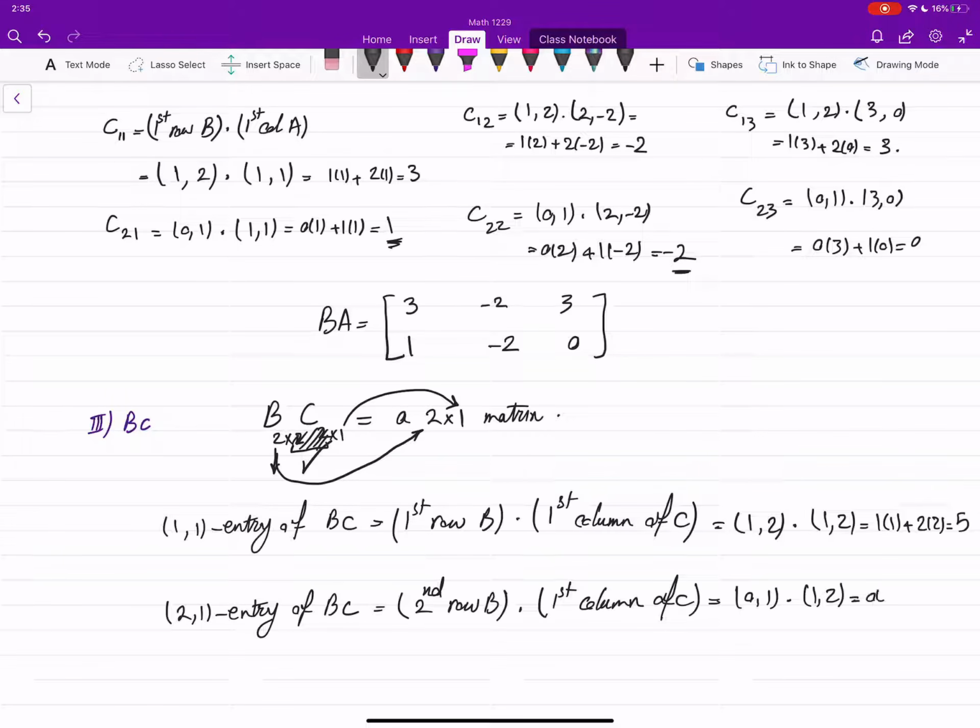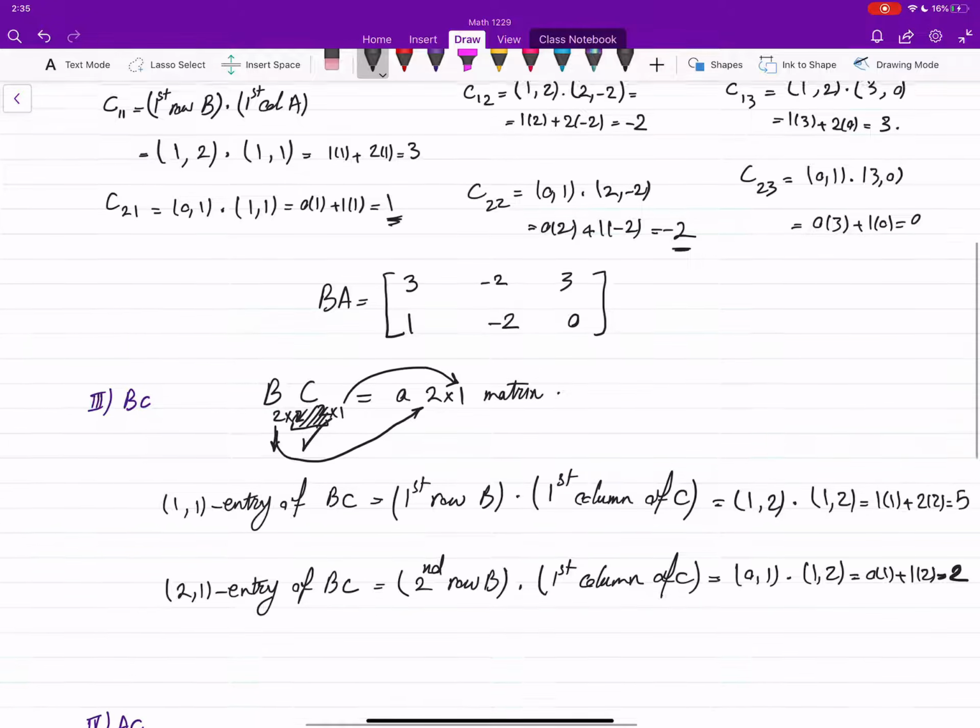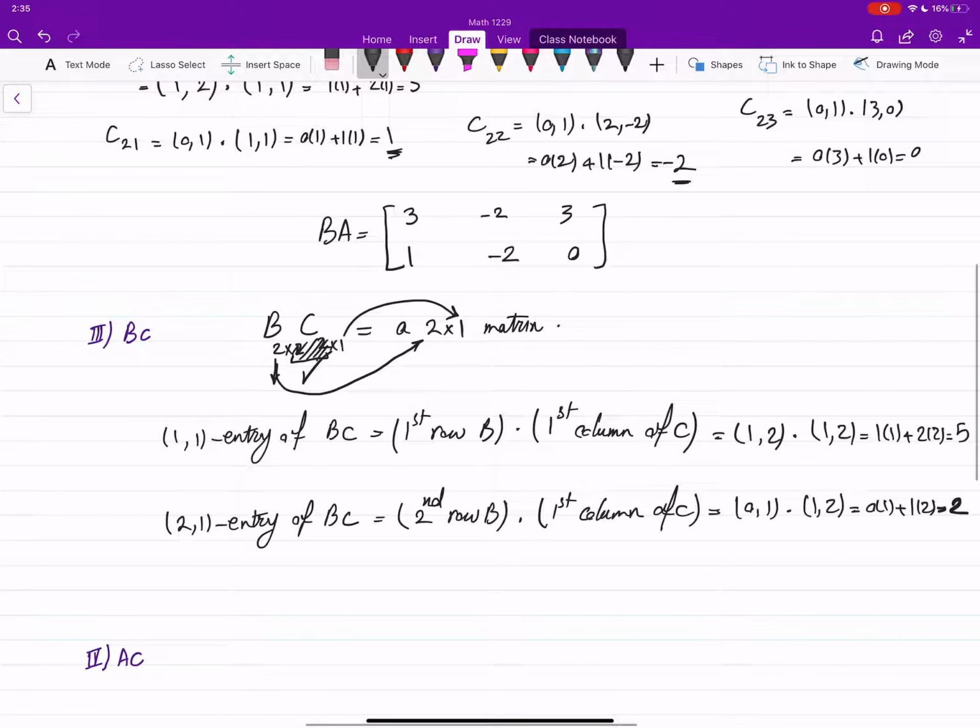That gives us 0 times 1 plus 1 times 2, which is 2. This tells us that BC, which is going to have 2 rows and 1 column, has these entries: the 1,1 entry is 5, and the 2,1 entry is 2. Okay?